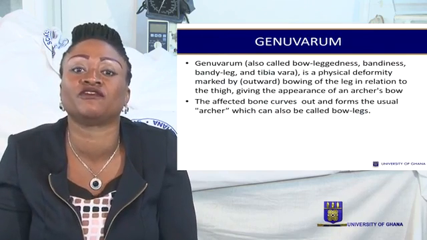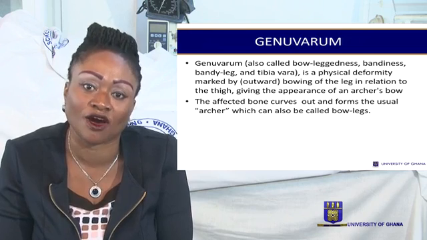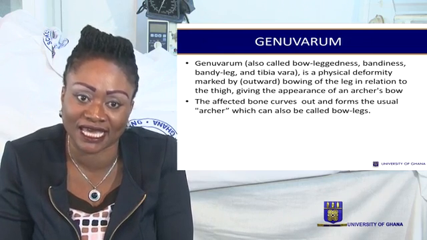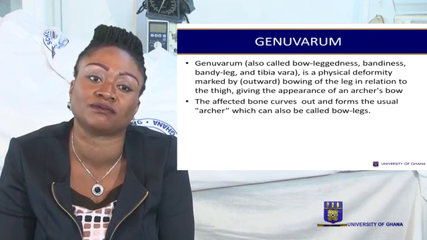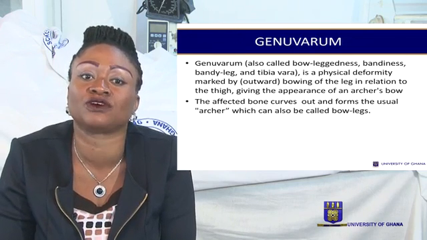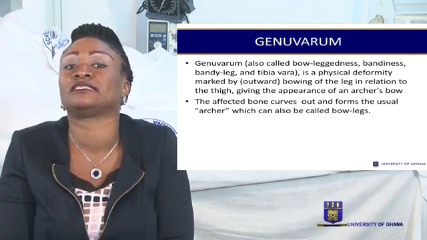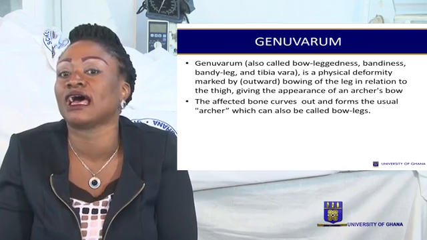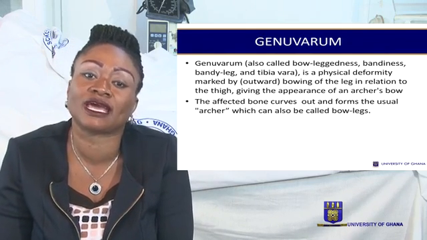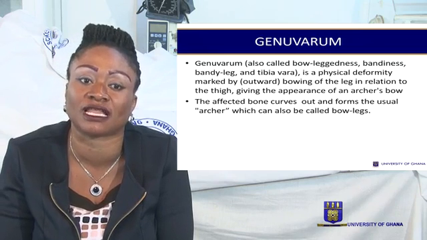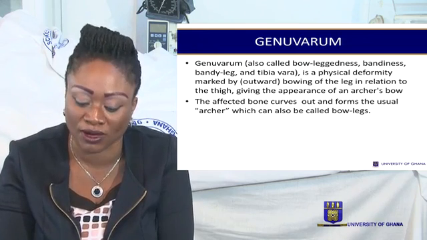Then when we look at genu varum, which is also known as bow-leggedness or bandiness or bandy leg, and tibia vara, is a physical deformity marked by outward bowing of the leg in relation to the thigh, and it gives the appearance of an archer's bow, and the affected bone curves out and forms the usual arc of an archer, which can be called bow legs.